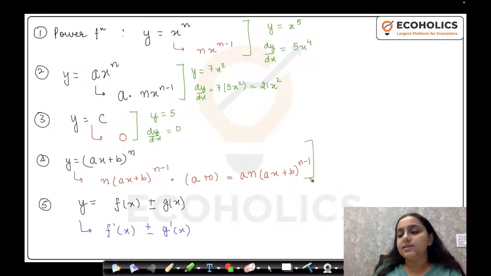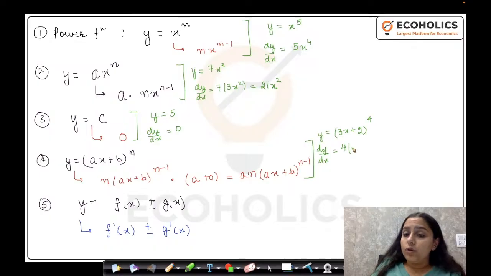Now if this is the next one, y equals, let's say, (3x + 2) raised to the power 4. So you're going to get dy by dx as 4 into (3x + 2) raised to the power 3 into the derivative of 3x plus 2. That will be 3.